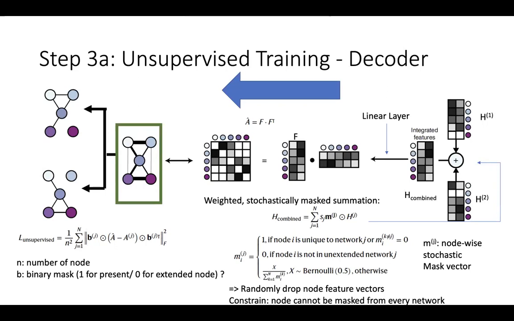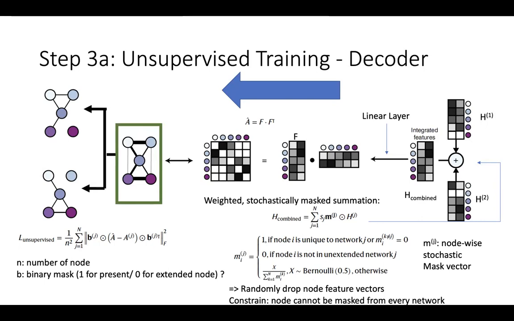But if it isn't present in the original network, we will just assign 0. And for all the other nodes, like the union nodes, we will assign some random number, sampled from a binomial with 0.5, just randomly assigning a value and then doing the weighting. So all the weights for X will sum to 1. If the node is unique, it gives 1 as a weight. If not, it gives 0, and everything else gives a probability.